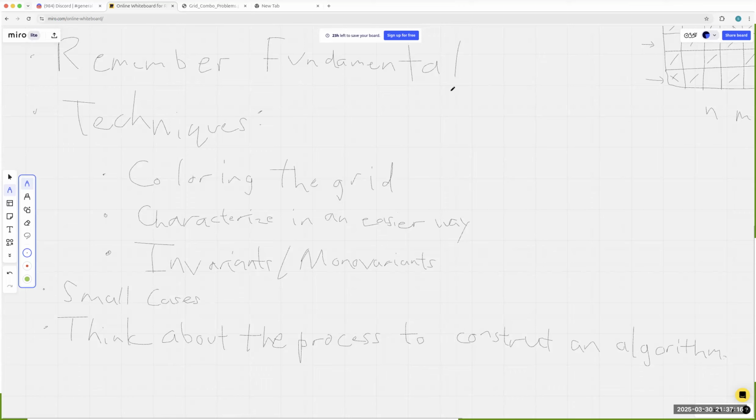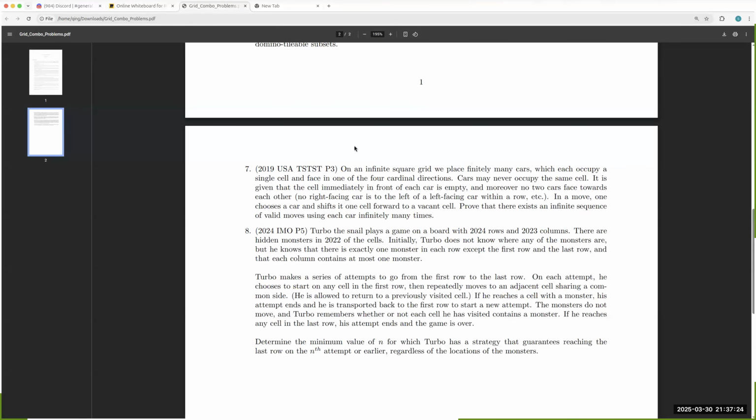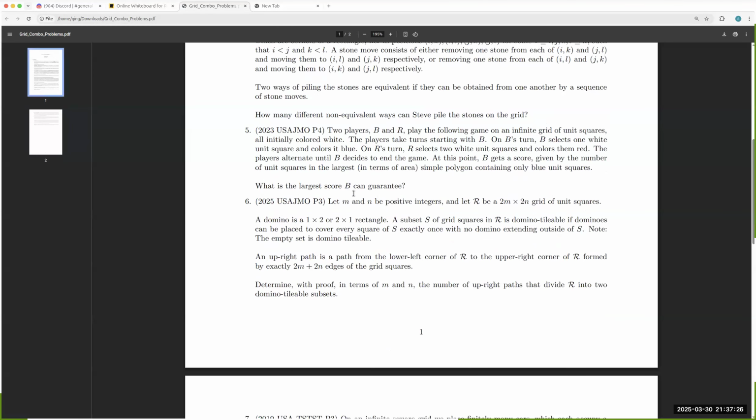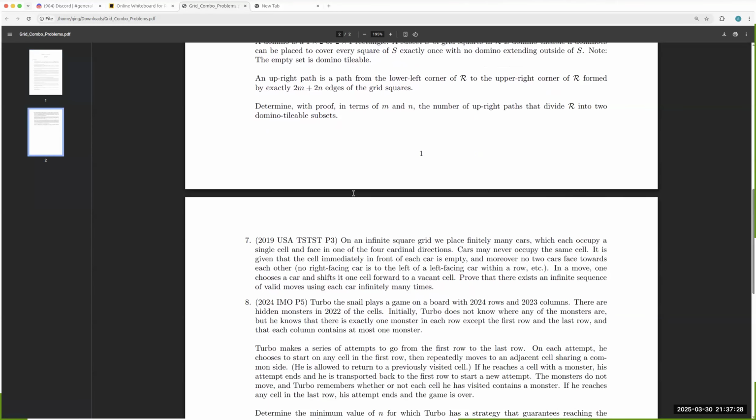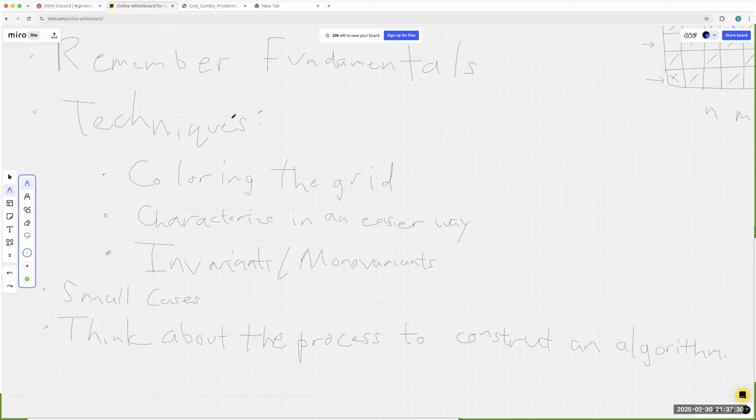So remember your fundamentals, induction, things like that, parity arguments. Those are pretty fundamental things, and often you want to remember those.